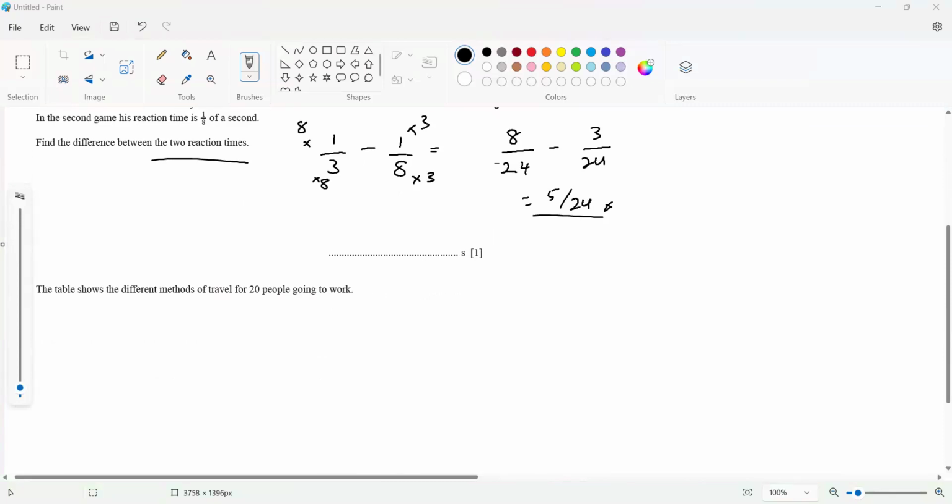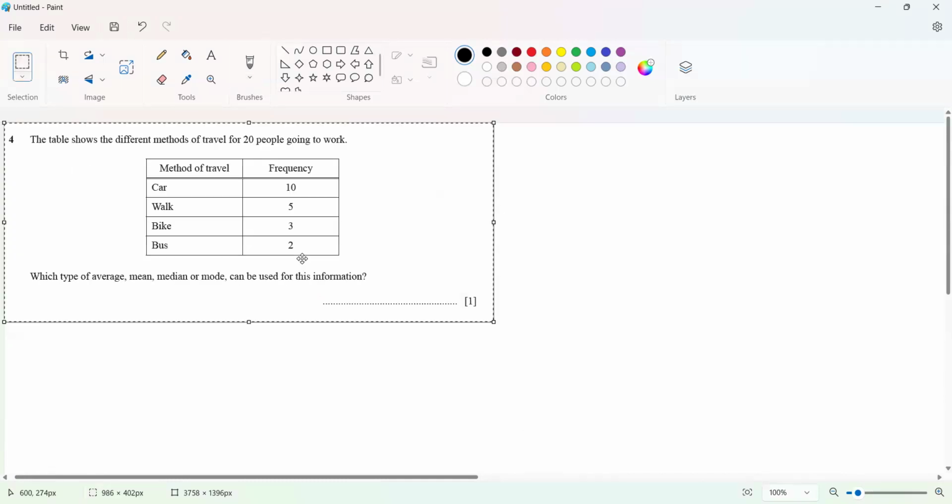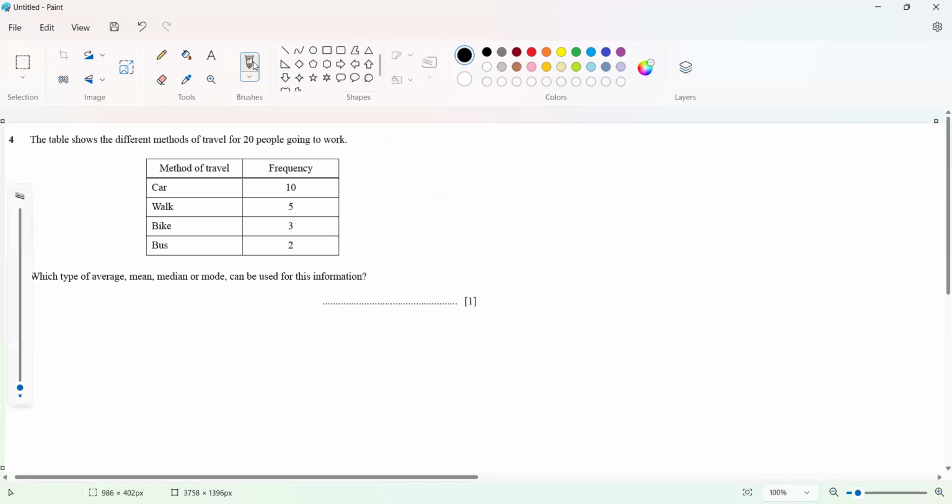So for number 4, the table shows different methods of travel for 20 people going to work: car, walk, bike, bus. So which type of average, mean, median, or mode can be used for this information? In this case, we will take the mode, because we can't take an average, as this is just method of travel.